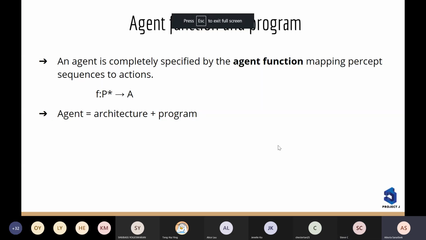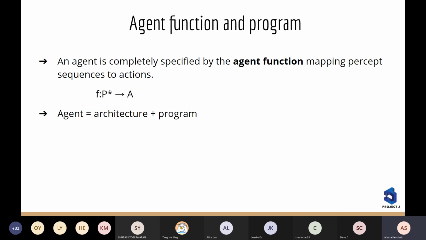Okay, so hello people. In this part of the lecture, we will learn about the basic structure of intelligent agents and also some different types of agents. Let's start with the first one. Basically, an agent can be described in terms of the agent function, right?